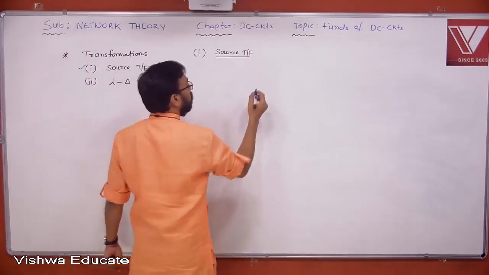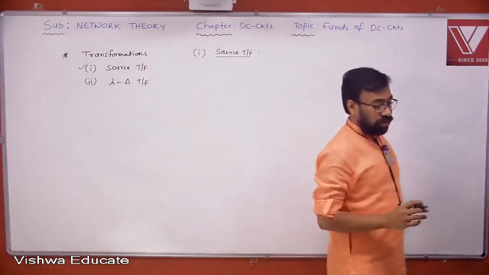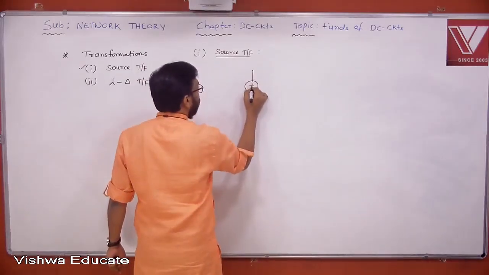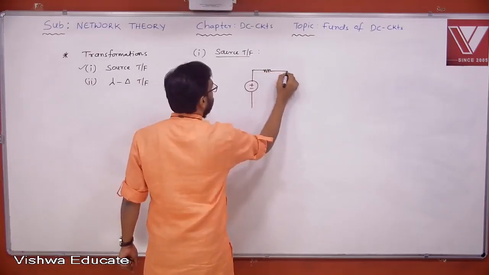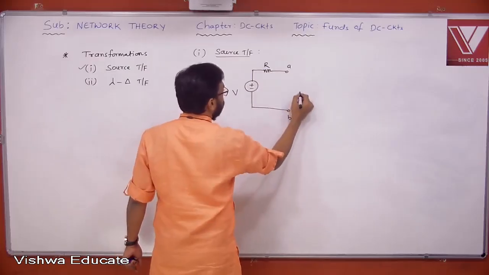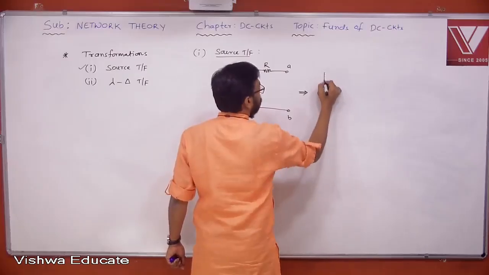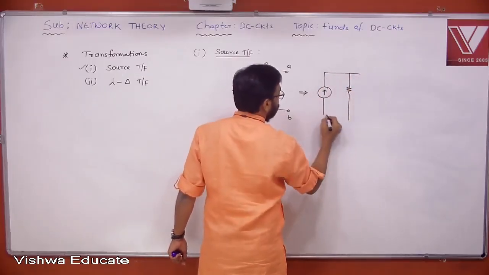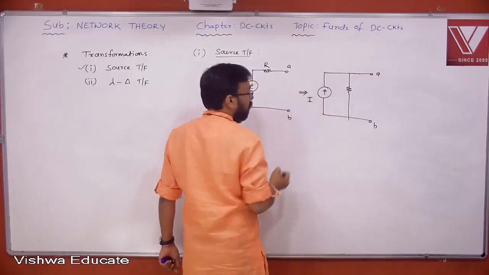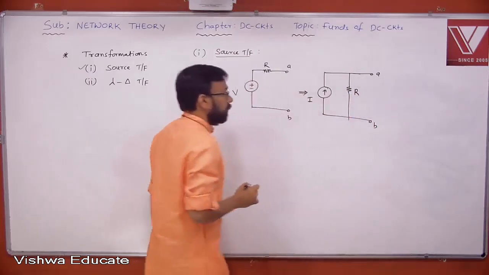According to source transformation, please write down, a voltage source with a series resistor can be transformed into a current source with a parallel resistor, and vice versa.